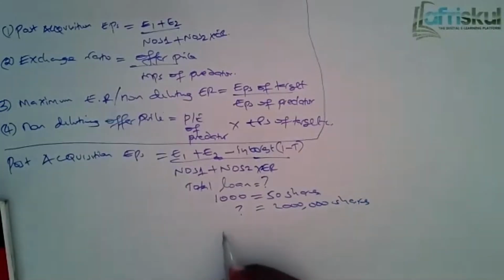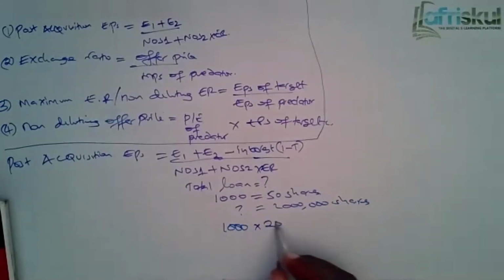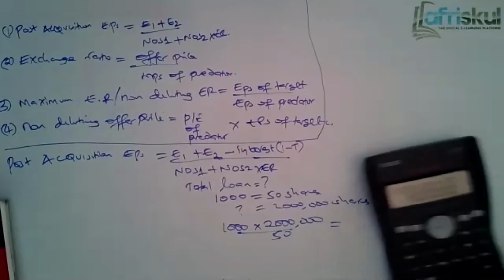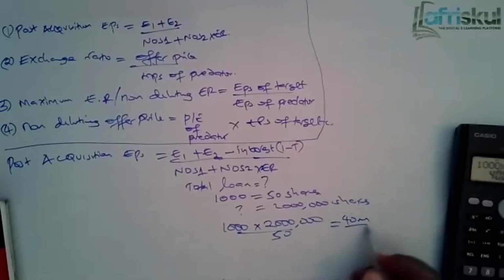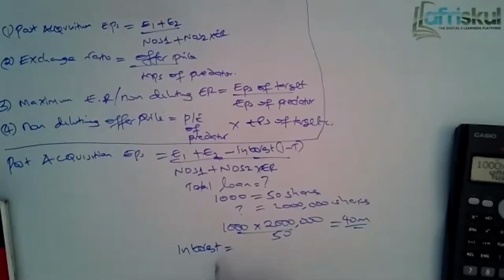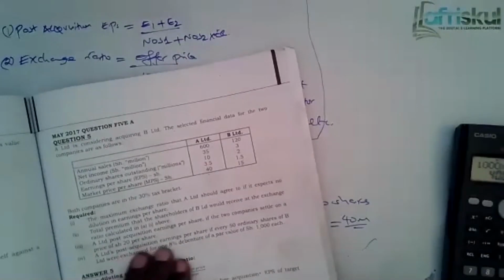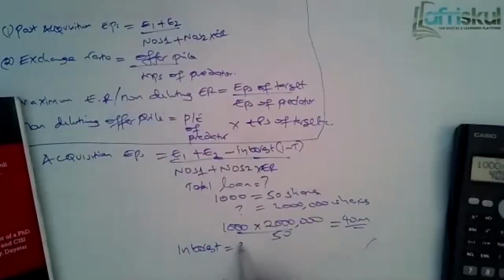So if you cross multiply, it will be 1,000 times 2 million divided by 50, which gives me 40 million Kenya shillings. But I'm interested in the interest. The coupon rate given is 8%, so we have 8% of the total loan, which is 40 million. This will give me 3.2 million.